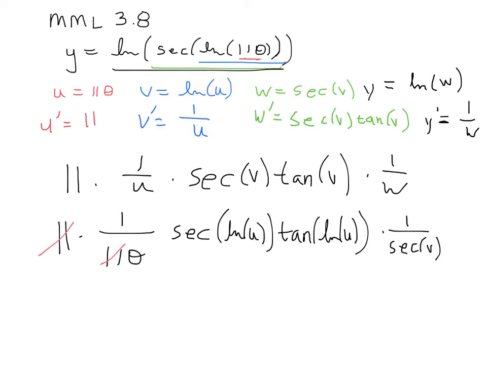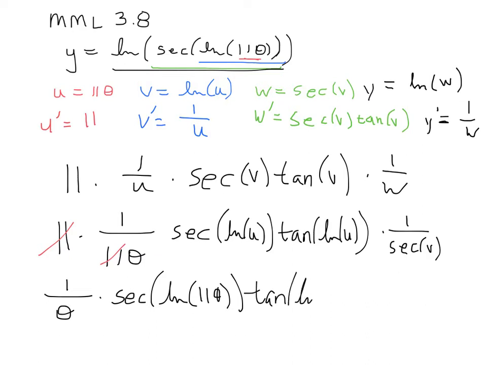So we can get rid of that. So I have 1 over theta times secant of ln u, which is 11 theta, tangent of ln of u, which is 11 theta.